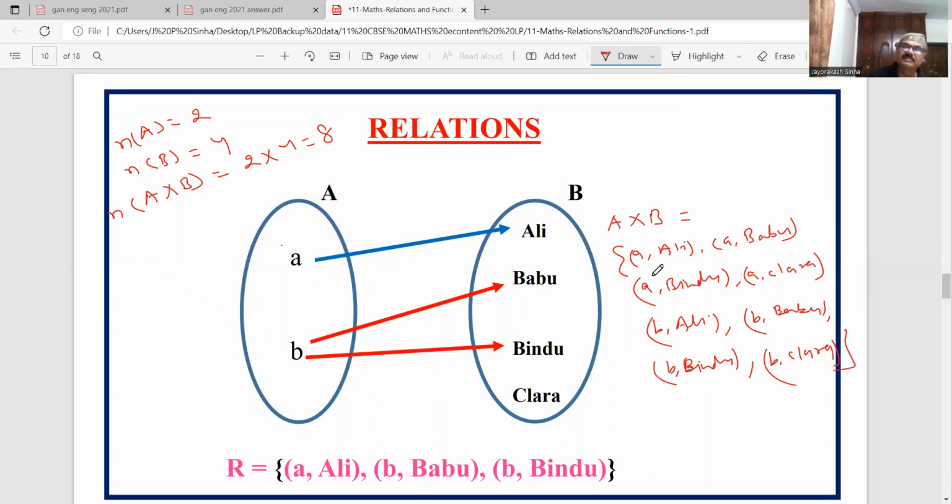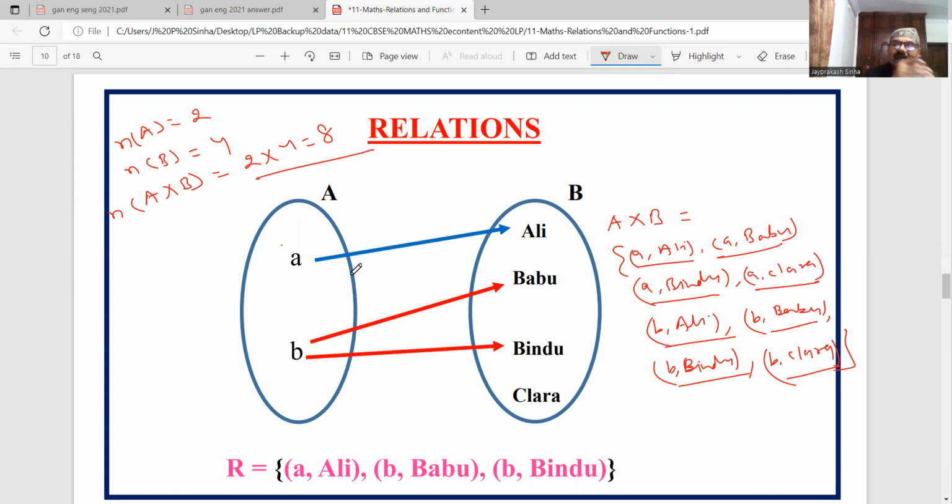Now count the numbers. How many elements are here? 1, 2, 3, 4, 5, 6, 7, 8. Here also we are getting 8. Correct. So there are 8 elements in the Cartesian product of A and B.